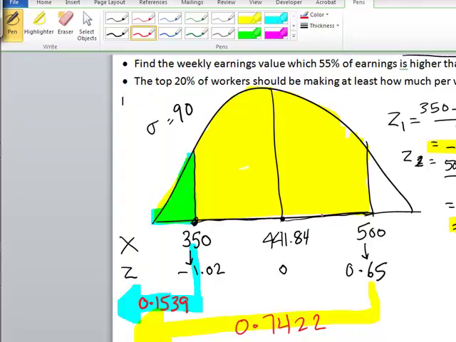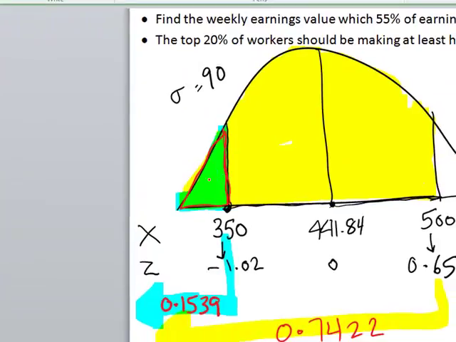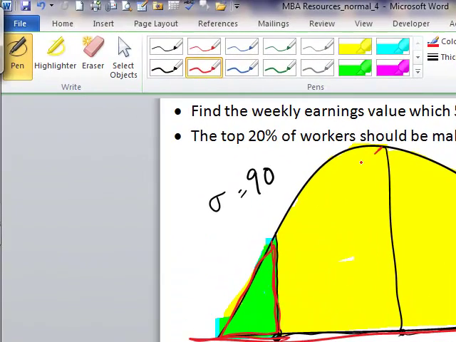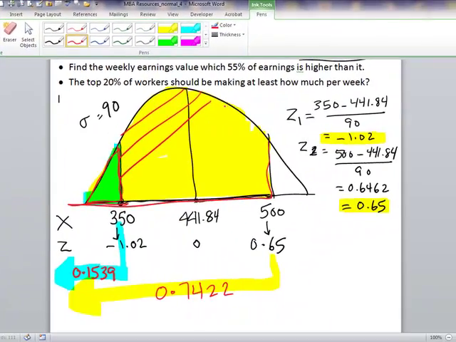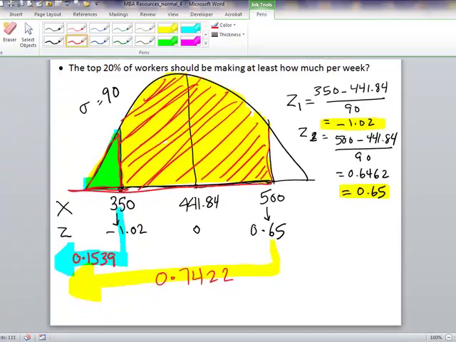Therefore, this overlapped area that is now in green must be subtracted from this total area to the left of 500 to give us this shaded area that I'm shading now, dashing with red colors. So that is the answer to this problem.